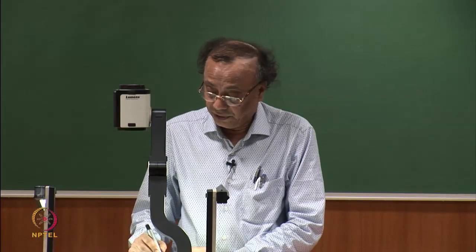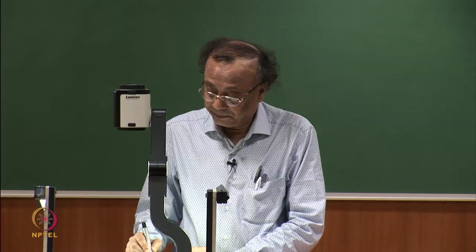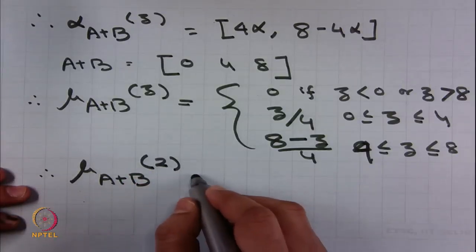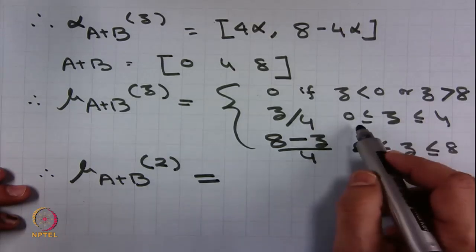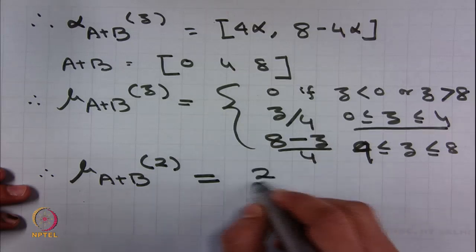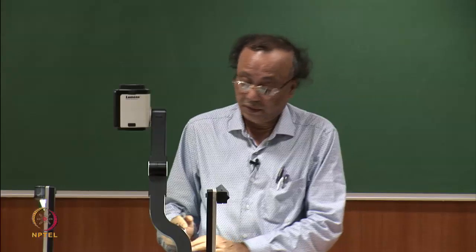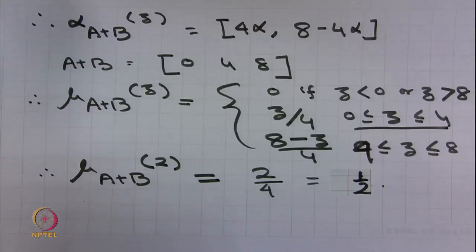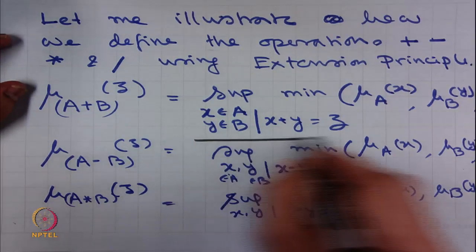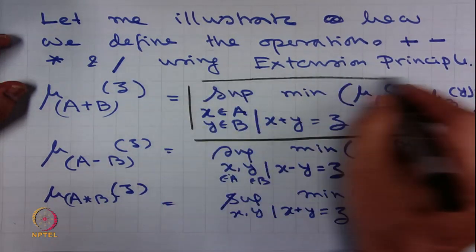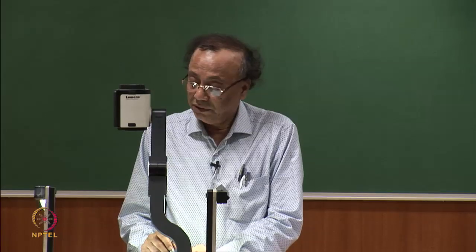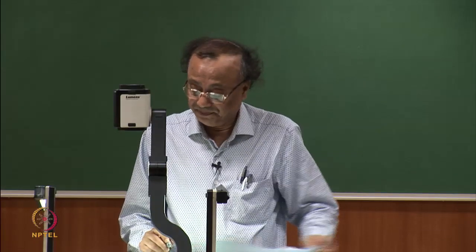Therefore, mu A plus B of 2: 2 is in this range, and therefore, it is going to be 2 by 4, which is equal to half. Now, we need to check whether by using this formula we can get mu of 2 equal to half or not.